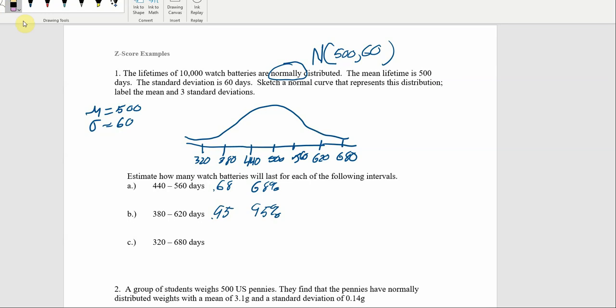And the next one is 320. Well, that's -3. 680, that's +3. So that's our 0.997 or 99.7% of the population. That's easy enough.